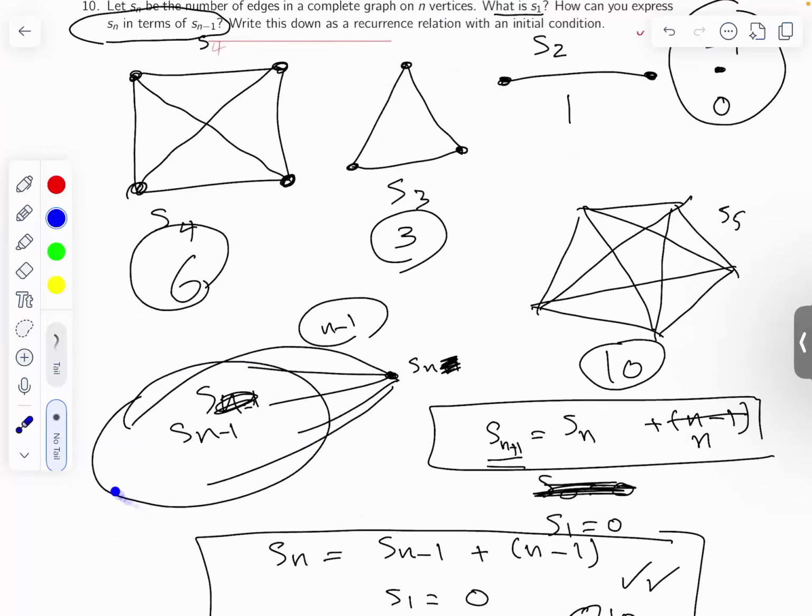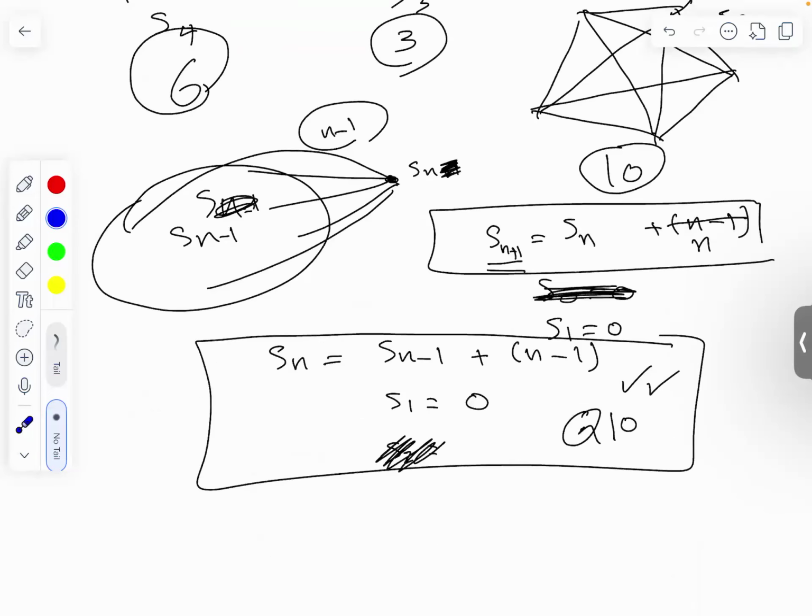Imagine this circle is just one graph with n minus 1 vertices. So it has some number of edges in it. It's not important. So if I add the nth vertex here, I will draw edges to the n minus 1 vertices. Then I have to add n minus 1 edges. So I depicted here what I explained.